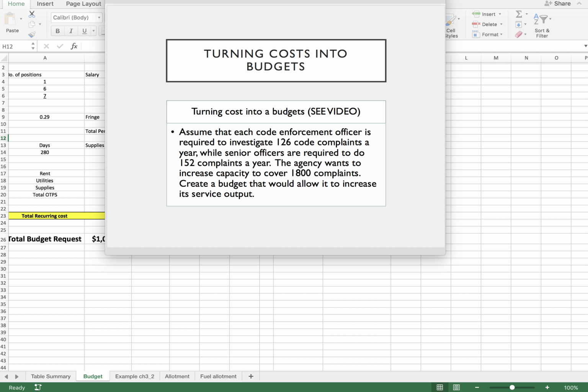Variable costs, on the other hand, are costs that change as you do things or as things are consumed. For example, the amount of gas that you buy is dependent upon how far you drive. The more miles you put on your car, the more you're going to pay for fuel. So that would be a variable cost.